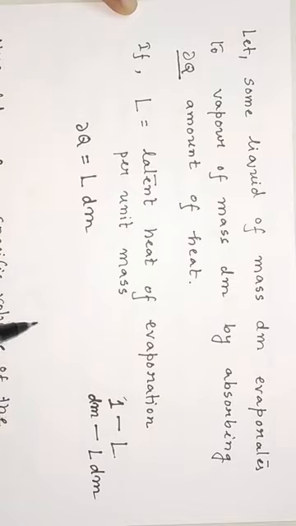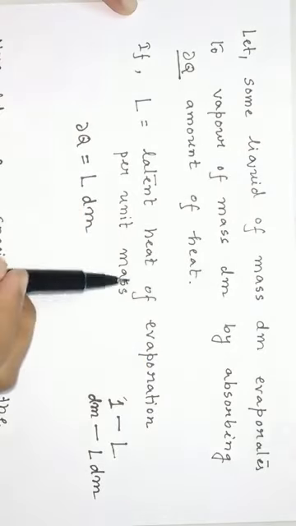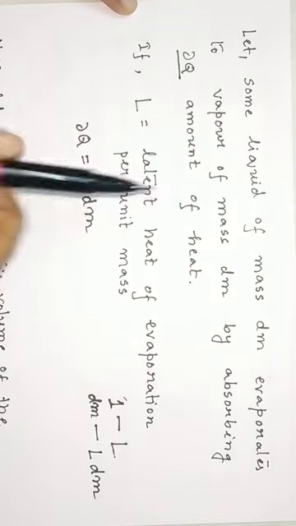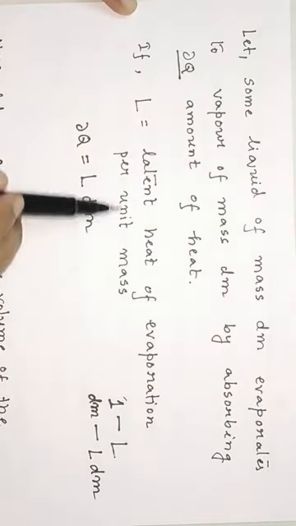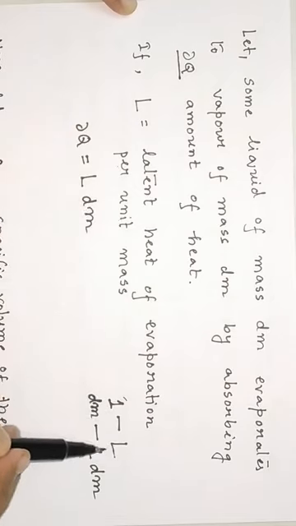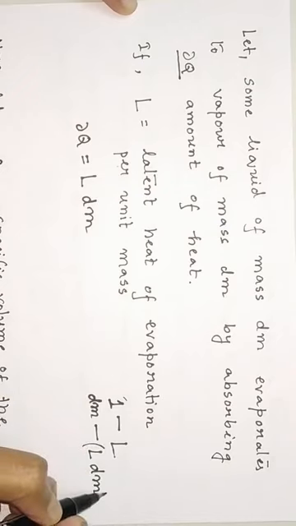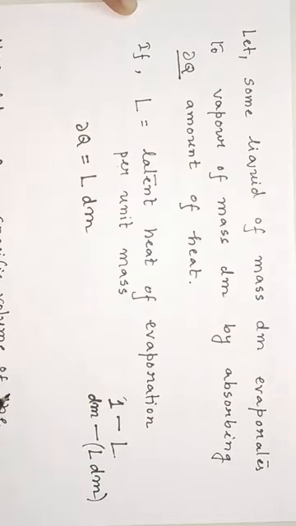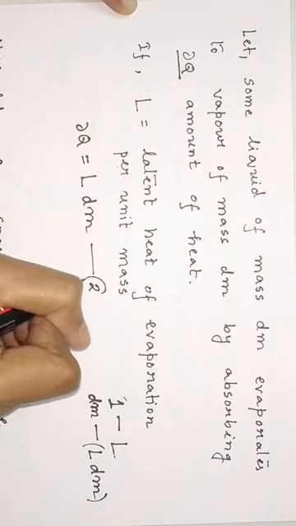So dm mass of liquid is converted to vapor of the same mass dm by absorbing delta Q amount of heat, and L is the latent heat of evaporation per unit mass. Unit mass of liquid will absorb L amount of heat to convert to vapor, so dm mass of liquid will absorb a heat of L into dm. Therefore delta Q is equal to L into dm. Suppose this is equation 2.